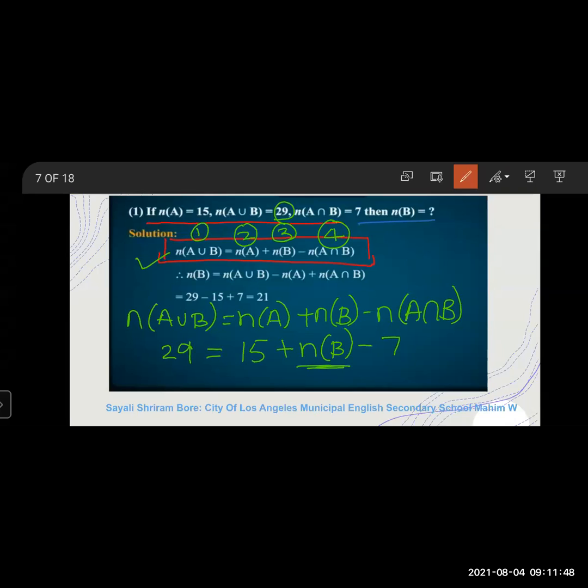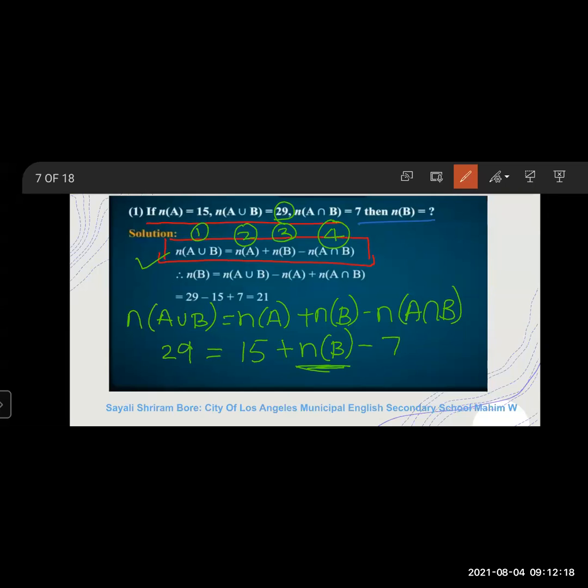This you have to find out, so you keep it on the left hand side or the right hand side. Whenever you are changing from left to right or from right to left, the sign changes. So 29 is equal to 15 plus n of B minus 7.